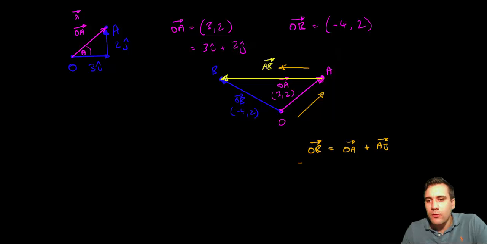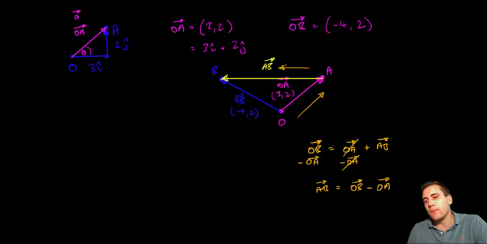So if I take OA from this side and OA from this side, I'm going to be left with, and I'll swap them over left to right, vector AB is equal to vector OB minus vector OA. Pretty easy, right? So just to recap that, I've got three things here. I'll pick one of them and say, well, origin to B I know is defined. I know what that is. So that's OB.